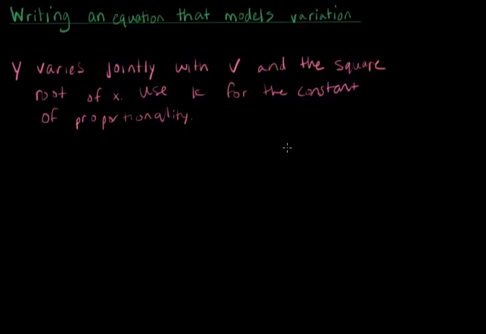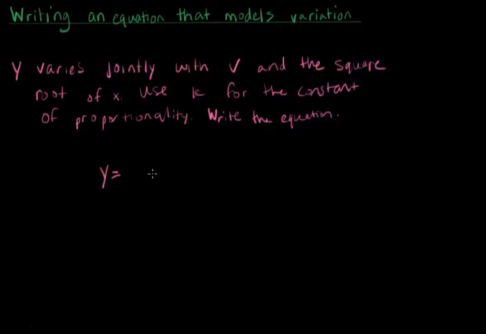Okay, so this one says y varies jointly with v and the square root of x, and we need to write the equation. This is a little bit trickier, but whatever varies should be on your left-hand side.